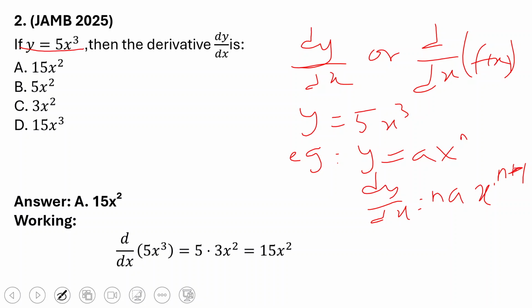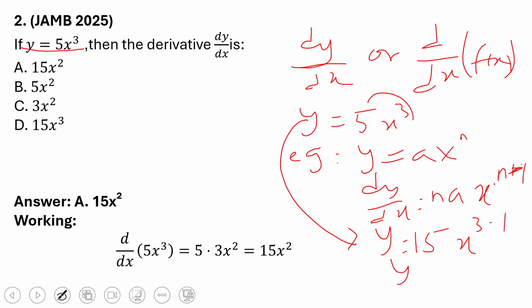So for this case, I have y equals 3 times 5 is 15, then x raised to the power 3 minus 1. So dy dx will now be 15x raised to the power 2. So that's what I have here as the answer. The correct option is A.